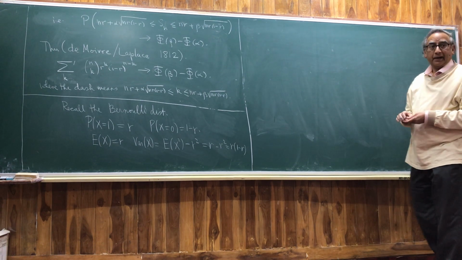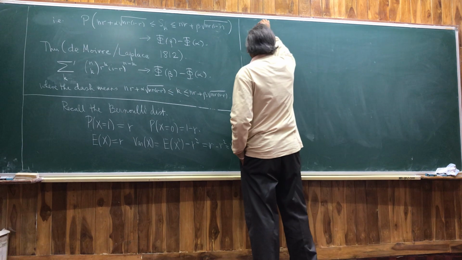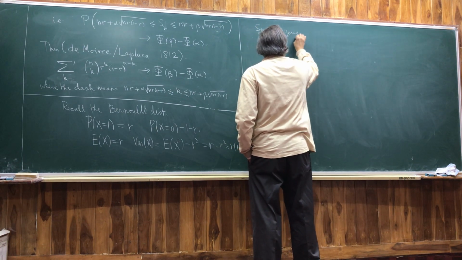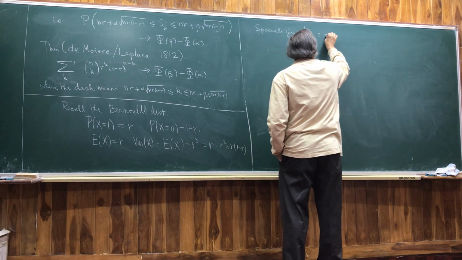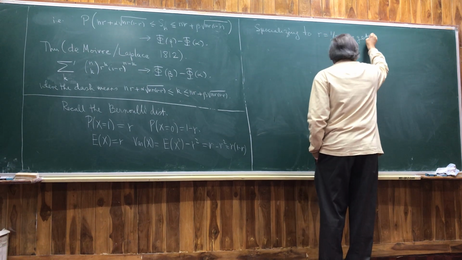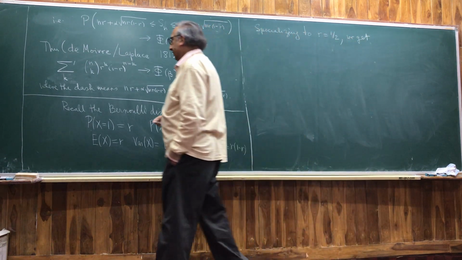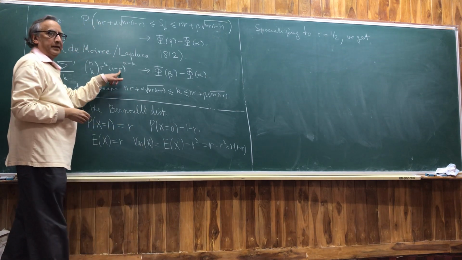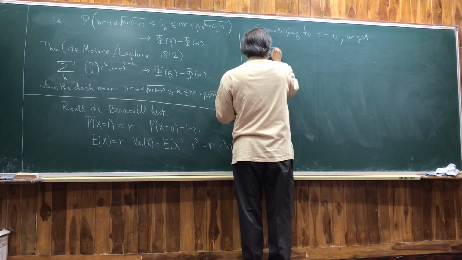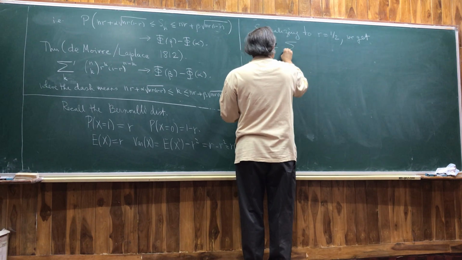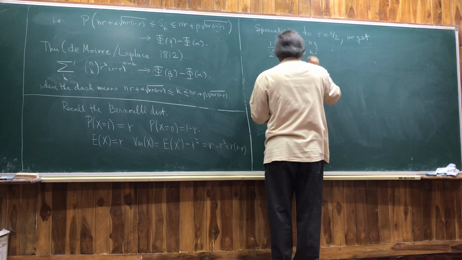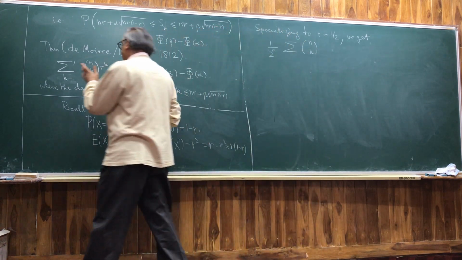So r equals 1/2. Specializing, we get 1 over 2 to the n, summation of n choose k, k in this restricted range.